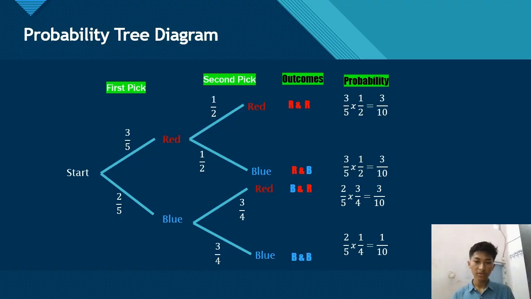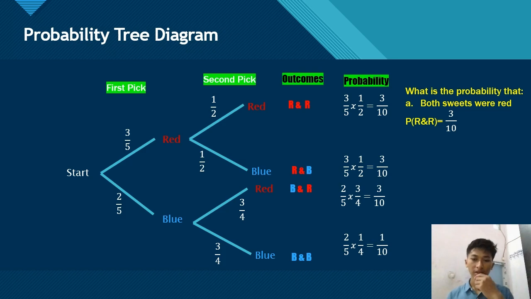Now, the outcome red and blue: the probability total is 3 over 5 multiplying by a half, which equals 3 over 10.